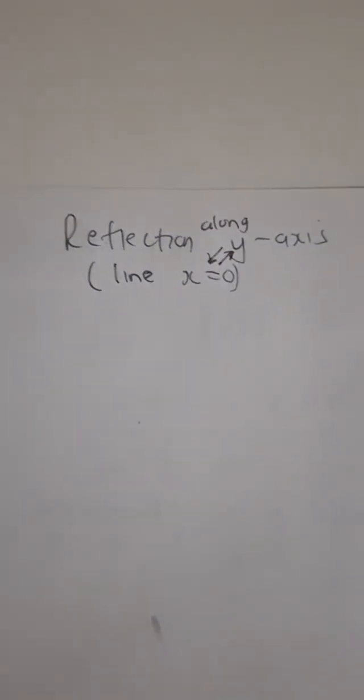If they don't say reflection along the y-axis, another way of stating the very same thing is a reflection along the line x is equal to 0. Hopefully we understand that now. The line x is equal to 0 is a vertical line. The y-axis is that very line.